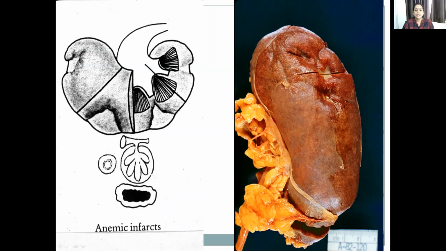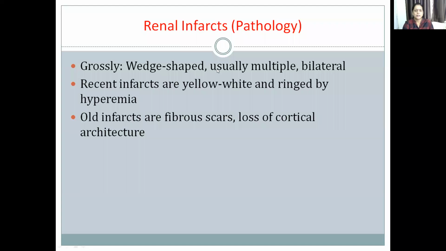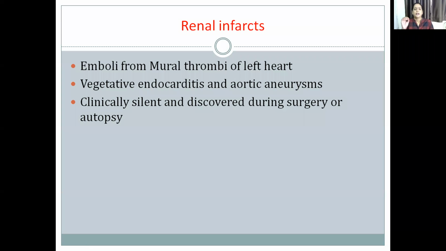These are the anemic infarcts you're seeing here. Emboli from the mural thrombi of the left heart can travel. Even the vegetative endocarditis, that is affecting the heart, the inflammation can get lodged and cause a renal infarct.